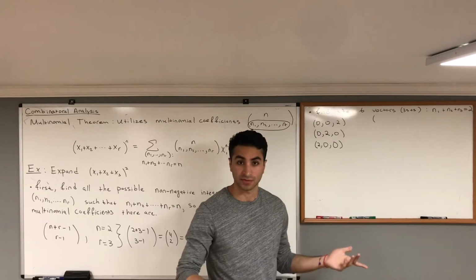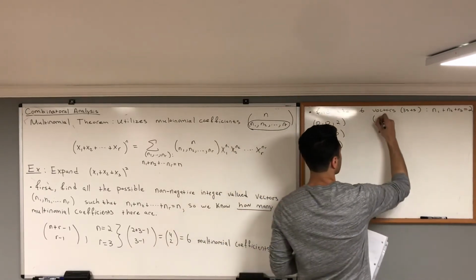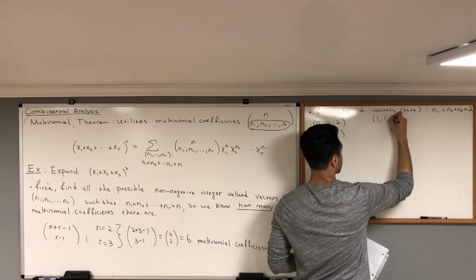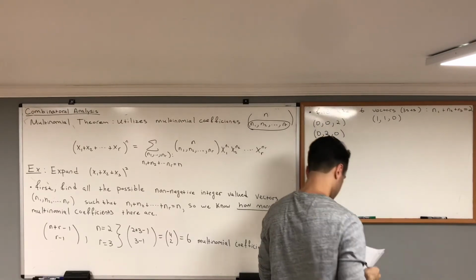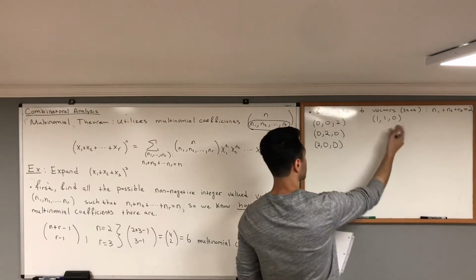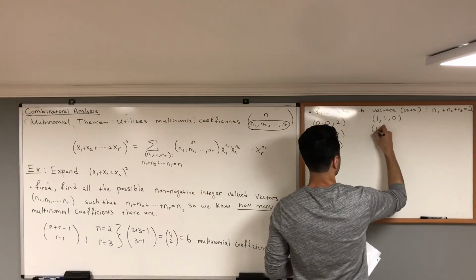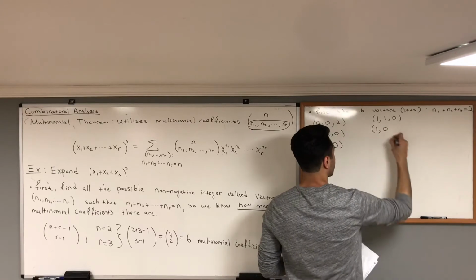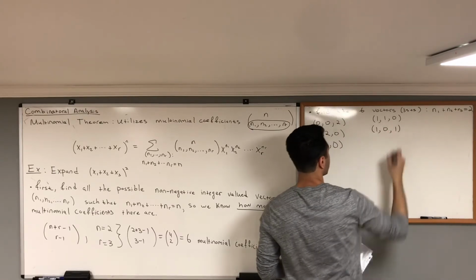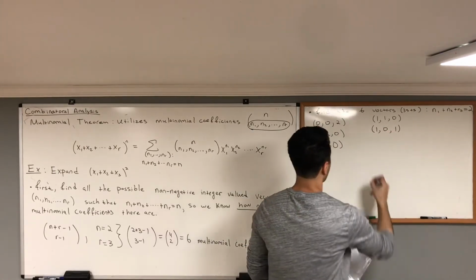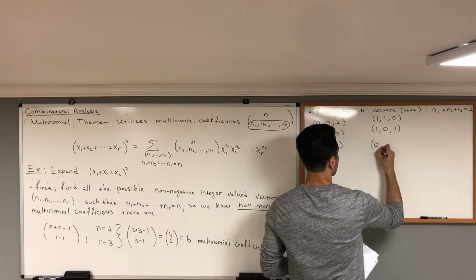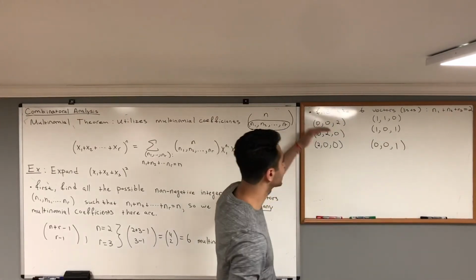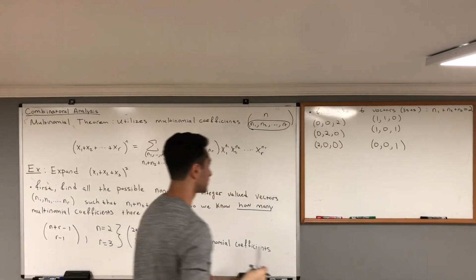We'll just make one of them 0. So let me pick 1 for N1, 1 for N2, and then 0 for N3. And then just switch those numbers around. You're allowed to do that because they're different lists. 1 for N1, 0 for N2, and then 1 for N3. And then finally, 0, 1, 1. And we're done. We found our 6 lists. That's all it took.